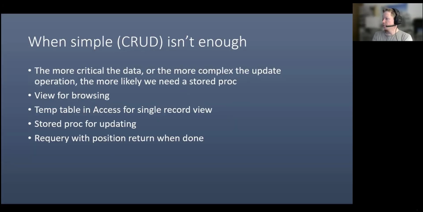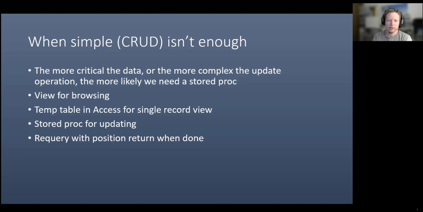So far we've only looked at granting or restricting simple CRUD operations: create, read, update, delete. And sometimes this is not enough. The more critical the data or the more complex the update operation, the more likely it is that you're going to want to use a stored procedure to update the data.